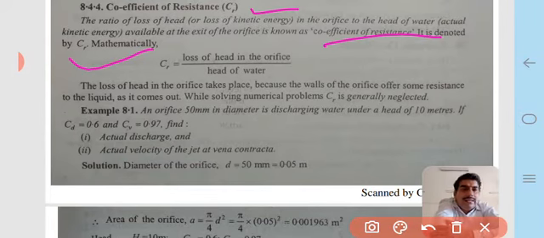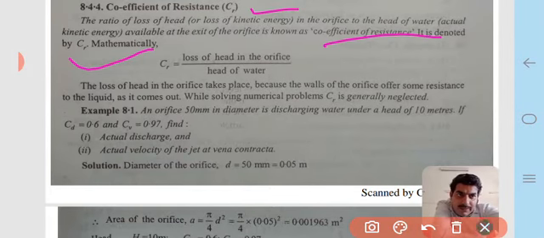Mathematically, CR is equal to loss of head in the orifice upon head of water. The loss of head in the orifice takes place because the walls of the orifice offer some resistance to the liquid as it comes out. While solving numerical problems, CR is generally neglected. It can be neglected. Okay.